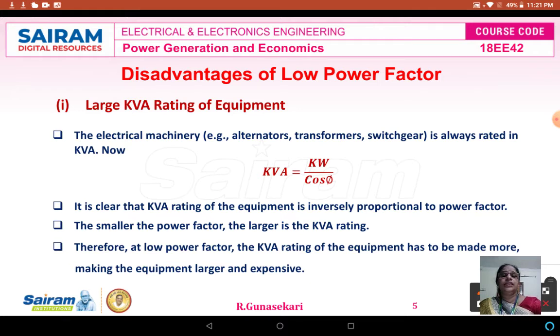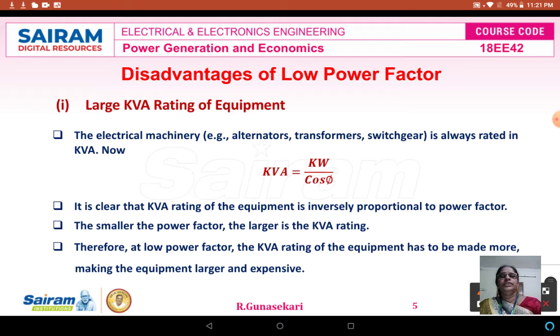Otherwise, if it is less than 0.85, the consumers consume more reactive power, so the losses are also more. The consumers will pay several thousands of rupees to the supplier, that is the electricity board. To avoid this, every consumer uses power factor improvement devices.